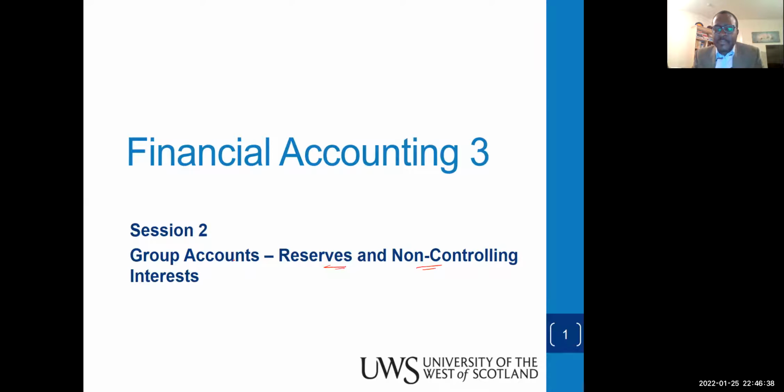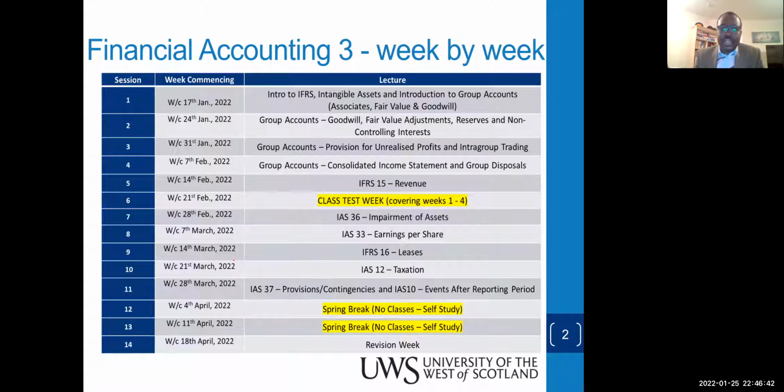We'll still consider some items of goodwill in the discussions. So we have seen the intangibles from week one, and an introduction to it from week one. In this particular week, we are looking at the goodwill, fair value adjustments, reserves and non-controlling interest.